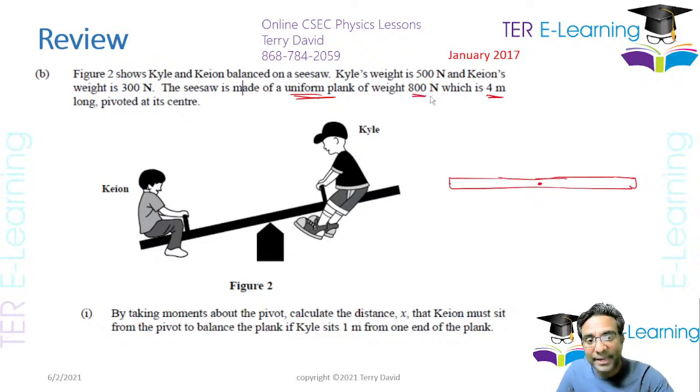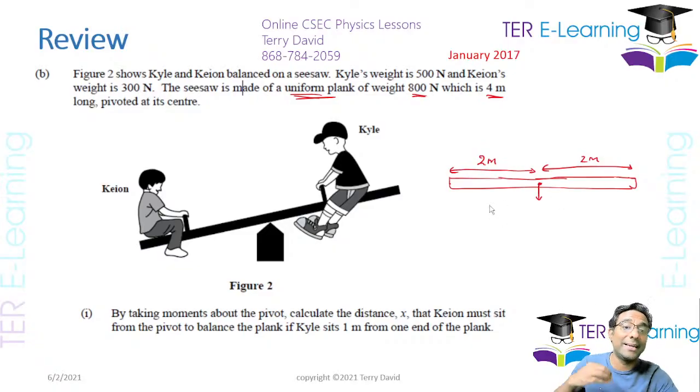So this weight of 800 newtons is acting at that point here. In terms of dimensions, this here has to be 2 meters, and from here to here also has to be 2 meters. So the fact that the plank is uniform tells me that the weight is at the center of the plank.